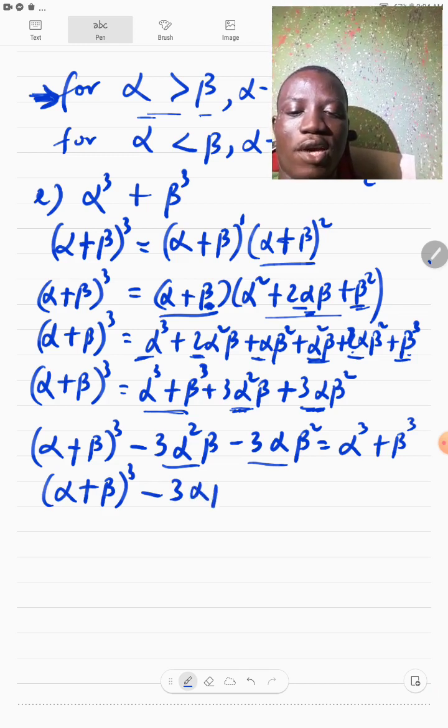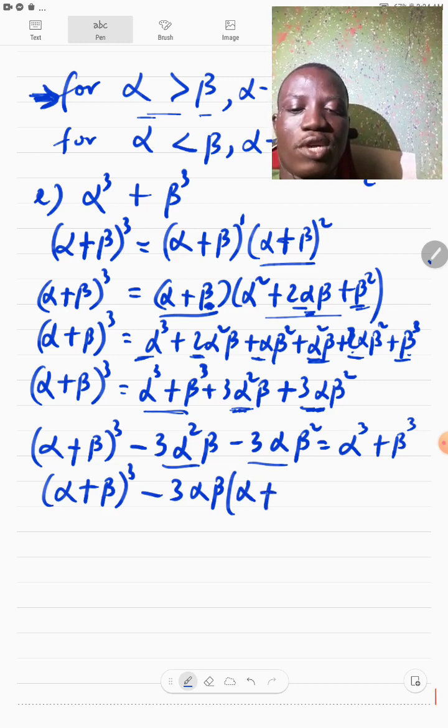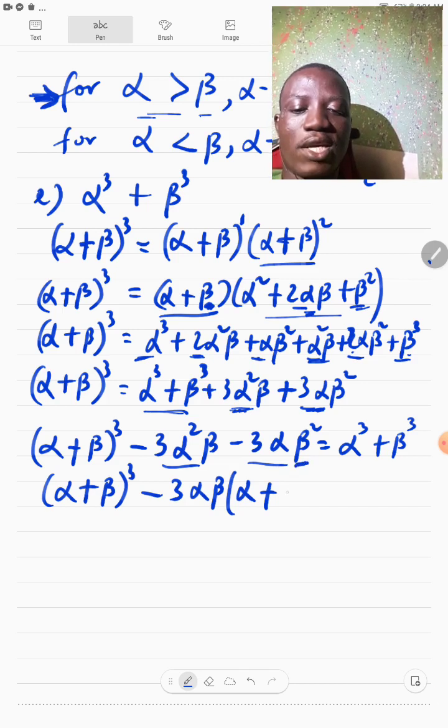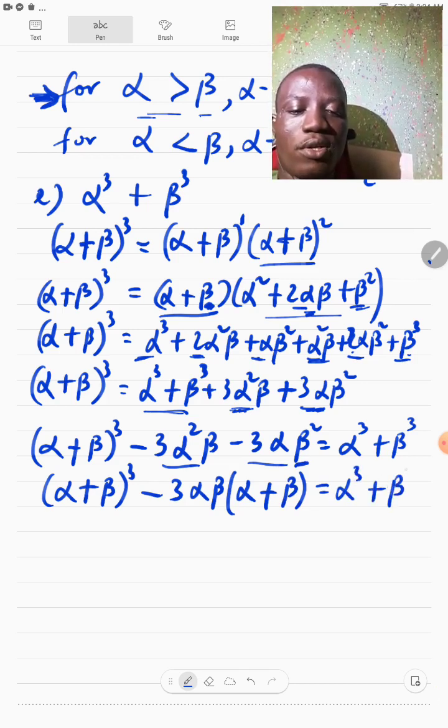So that's 3 alpha beta. Then what will remain there: I've brought out alpha beta here, that will remain alpha. I've brought out minus, that will remain plus, and I've brought out alpha beta here, that will remain beta, equals alpha cube plus beta cube.